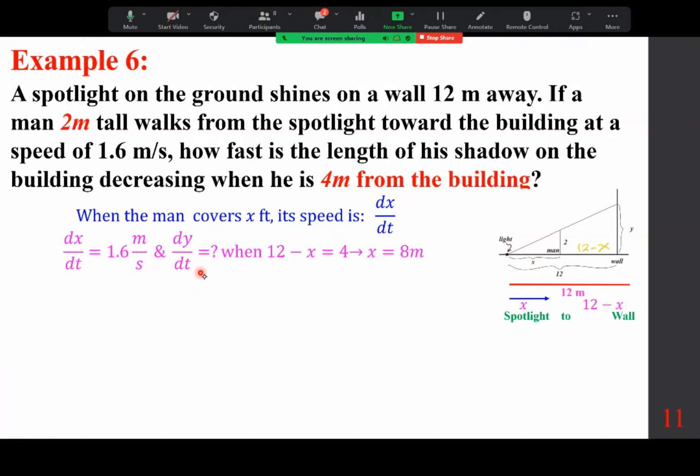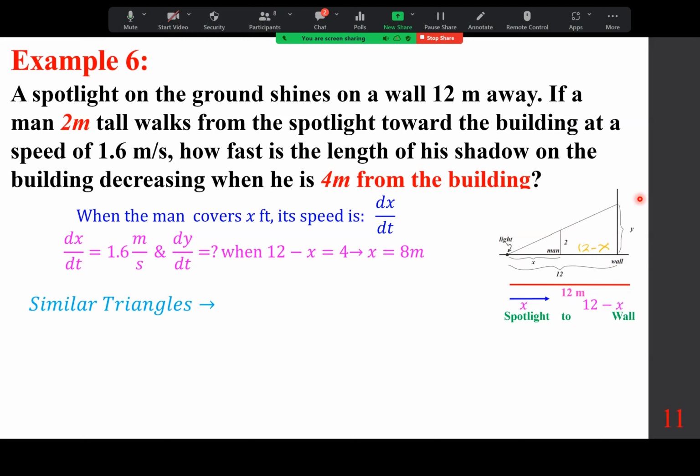We are dealing with two triangles, this one and this one. They are similar triangles, which means we can write the ratio of, for example, this ratio to the total is this ratio to the total, just as an example. I hope everybody remembers similar figures.